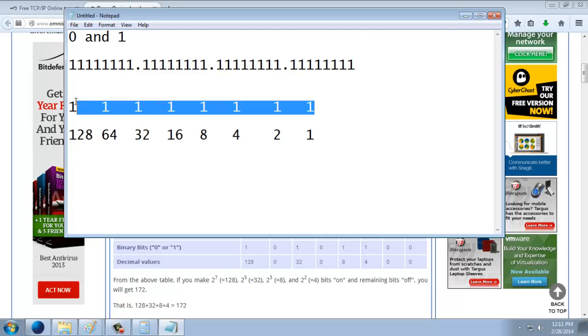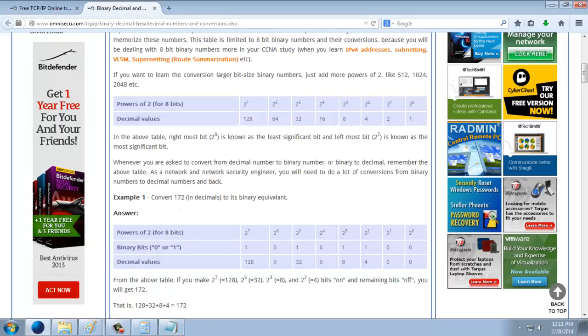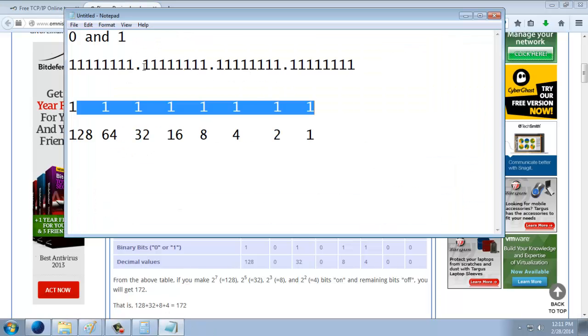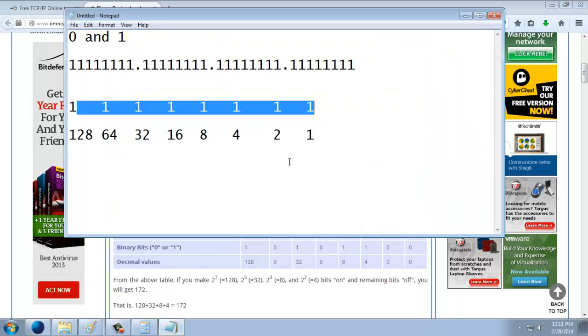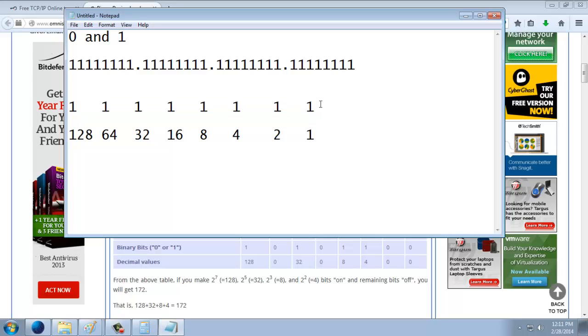Okay, here in this 8-bit binary number, in this example, we kept all the 8 bits as 1. That means the corresponding part in the power table, you remember the power table, 1, 2, 4, 8, 16, 32, 64 and 128. 2 to the power of 0 is 1, 2 to the power of 1 is 2.